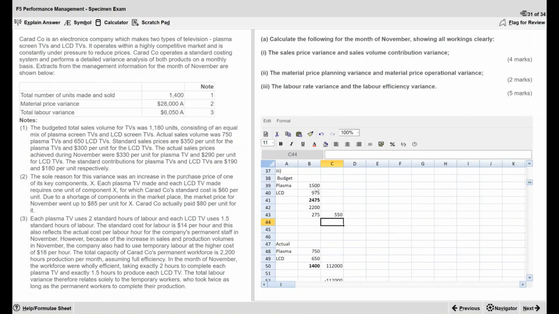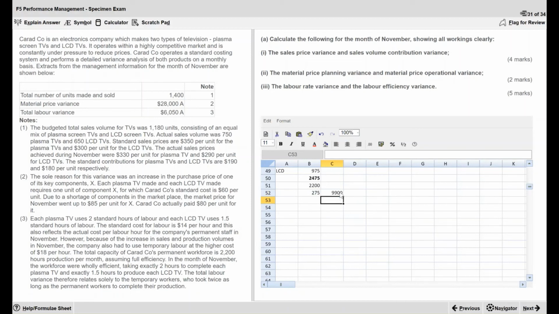So we will do the same thing at the bottom, because we are calculating rate. There is no difference in hours, so the only difference is the rate. So multiply this by, according to standard, it would have been 14, and the actual is 18.